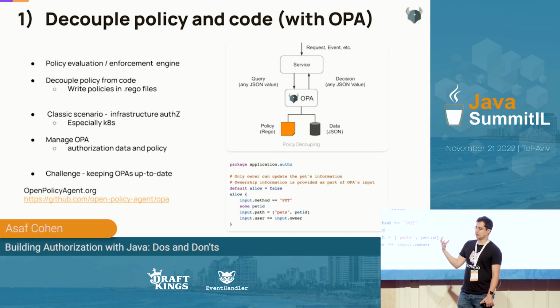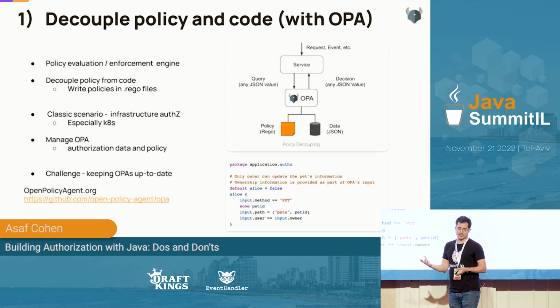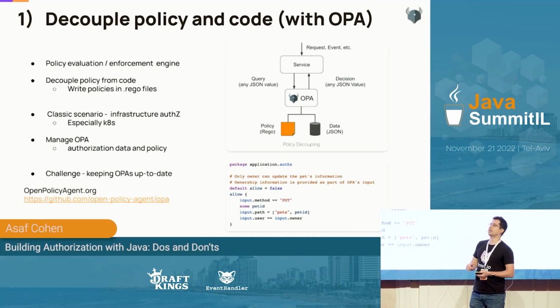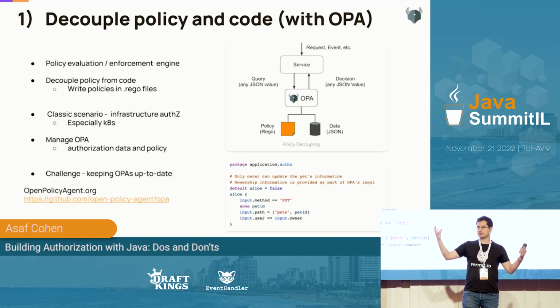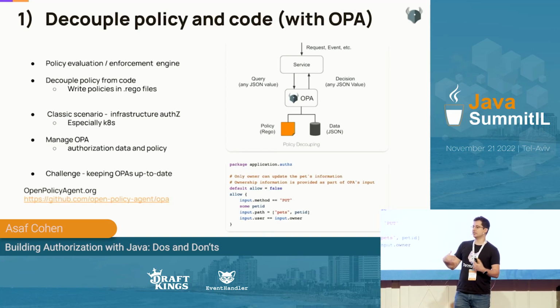Okay, so OPA needs a policy and it needs data. Think about the data as contextual data. So all the user roles within the application, what permissions are granted to what roles, the keys that are used to check API keys, all of that. That's your world picture. That's what the policy needs to do the enforcement.